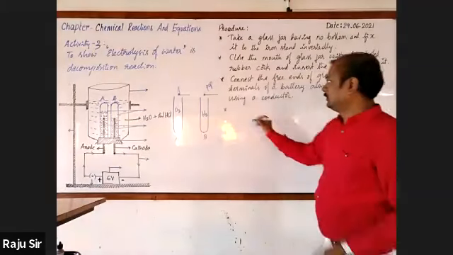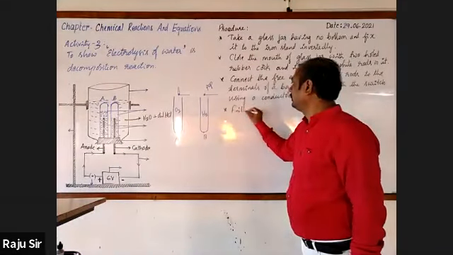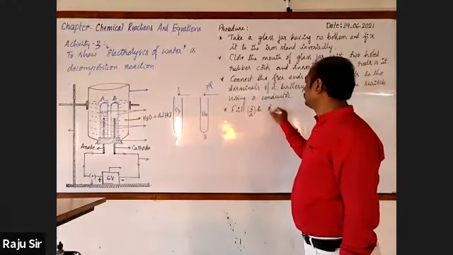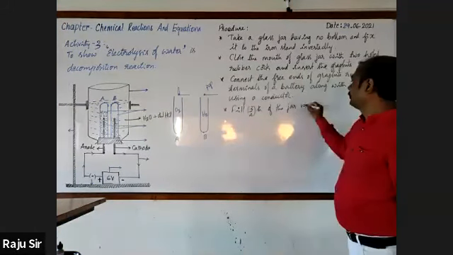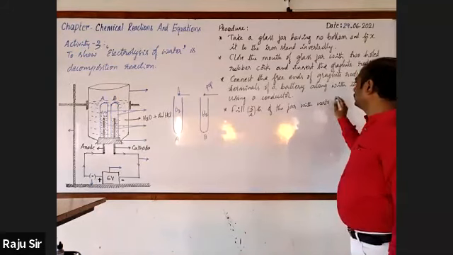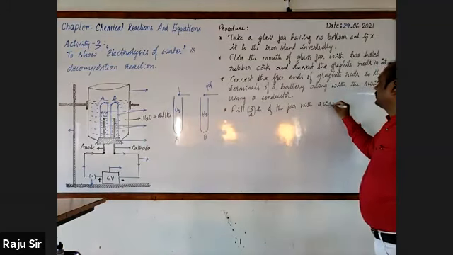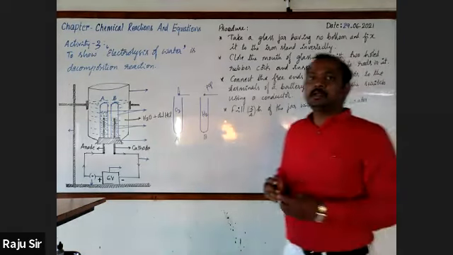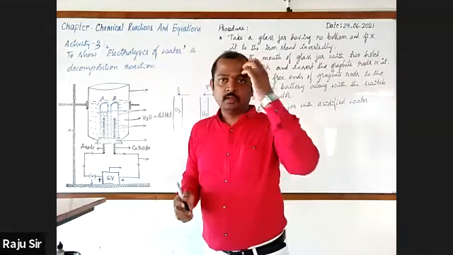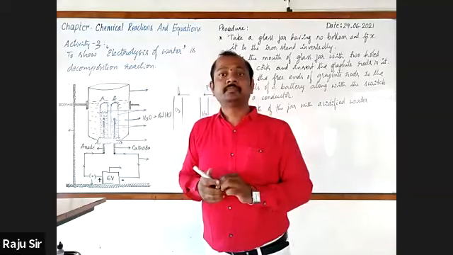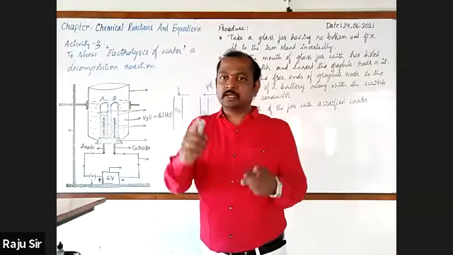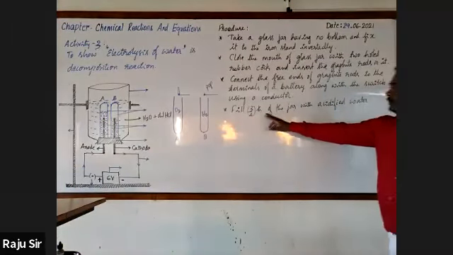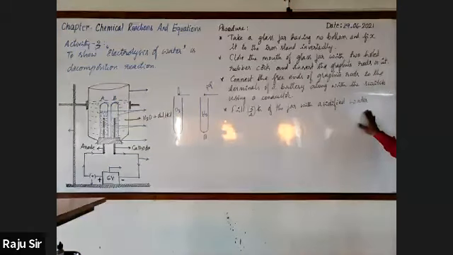If you take only distilled water, as distilled water is free from salts and minerals, it won't conduct electricity. To make it conduct electricity, we will add a small amount of dilute acid. Fill 3/4 of the jar with acidified water.